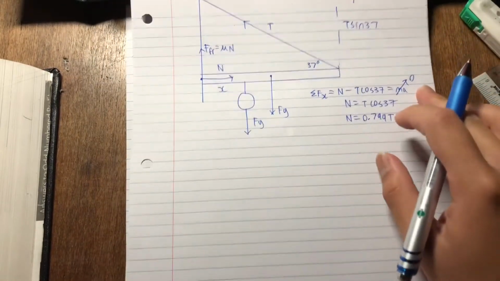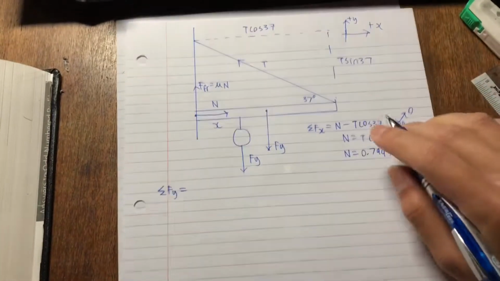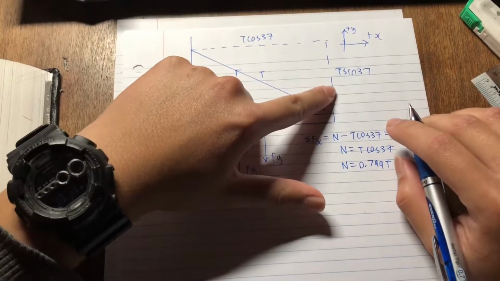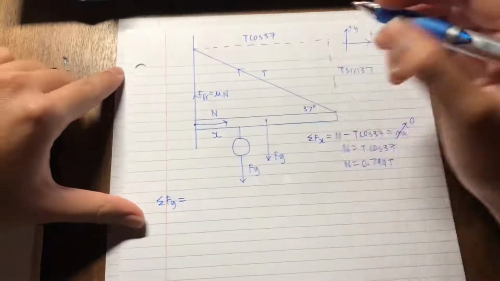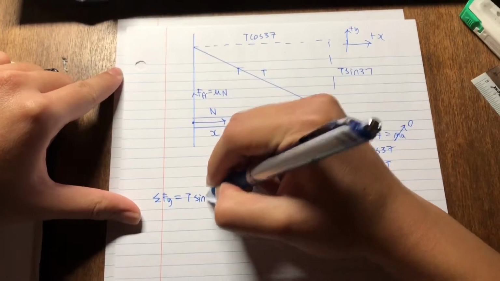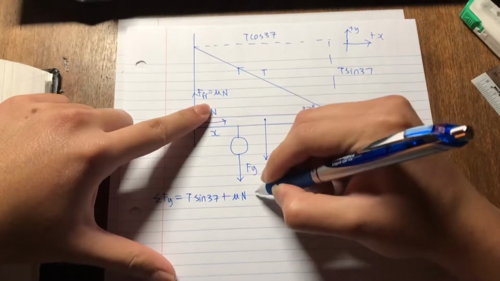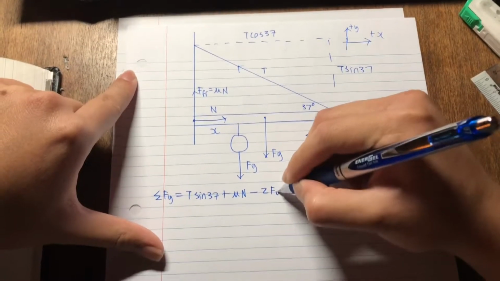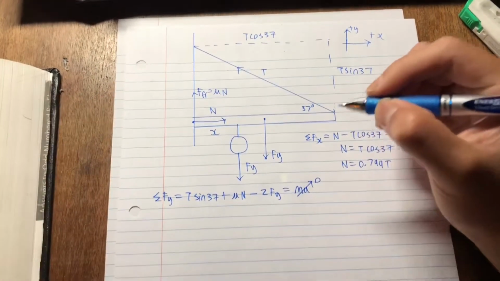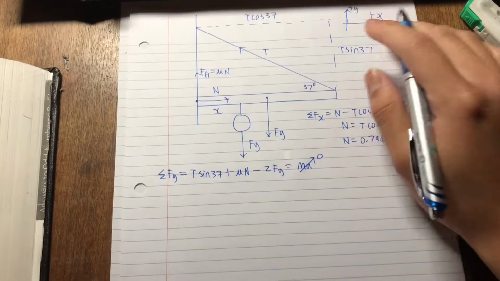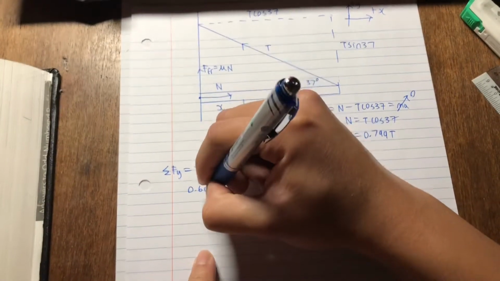Next, sum up your forces in the y direction. You're going to have the y component of the tension plus the frictional force minus these two Fg's. So T sine 37 plus the frictional force μn minus 2Fg equals ma, or 0 because of static equilibrium. None of this is moving. Once again, I will evaluate sine 37 to make it easier to solve.